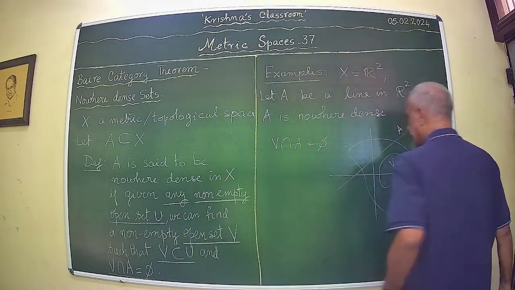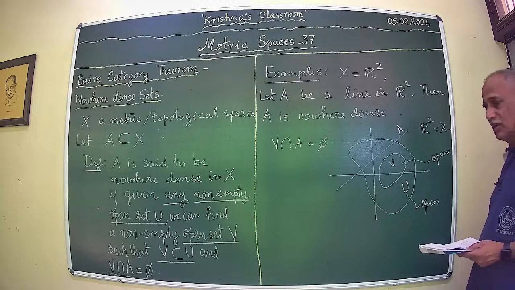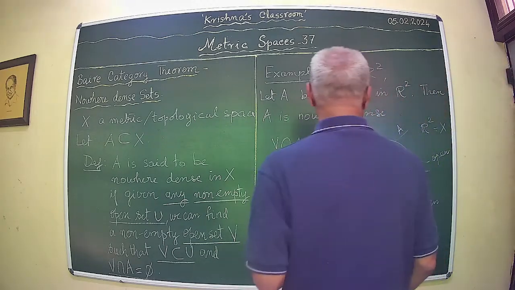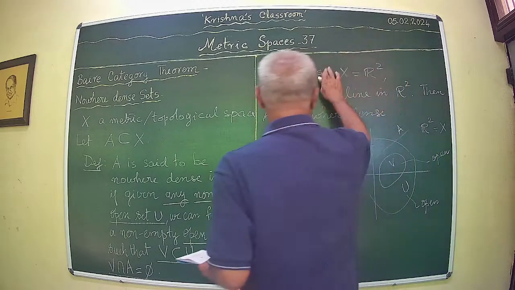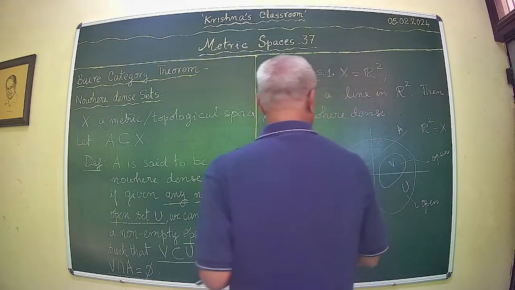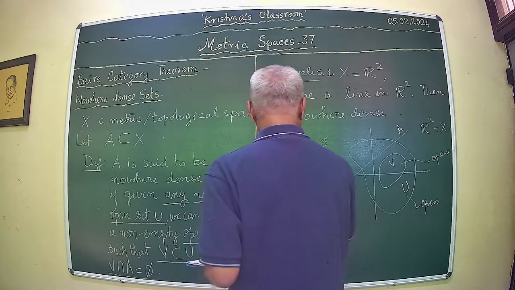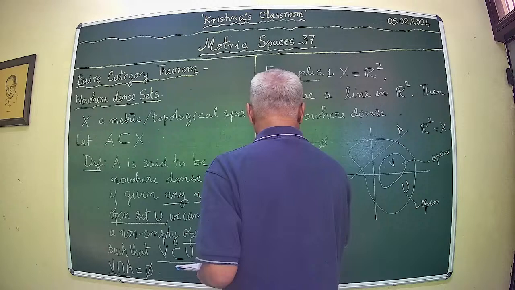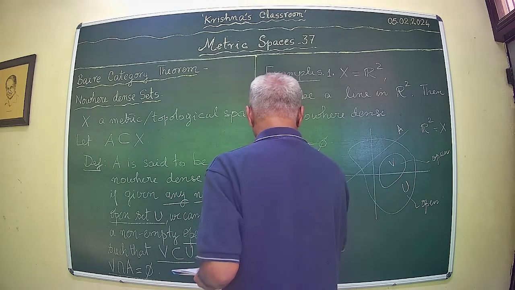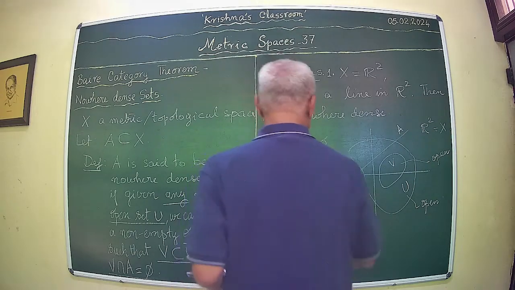That is, V has no intersection with A. It's a very typical example. Now, I'll give an example where that is not true. Then A is nowhere dense.